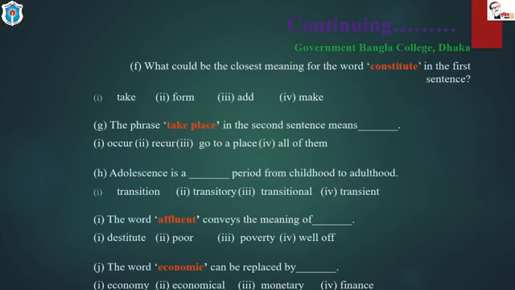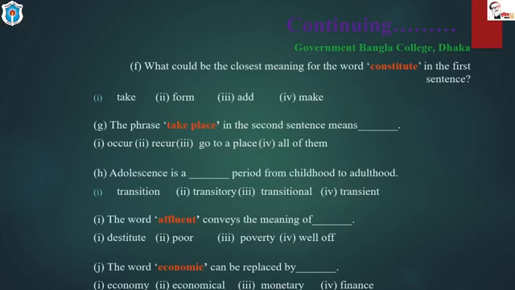Now, I would like to talk about question number 8. Adolescence is a dash period. This question was also discussed in my last class. Adolescence is a transitional period from childhood to adulthood.